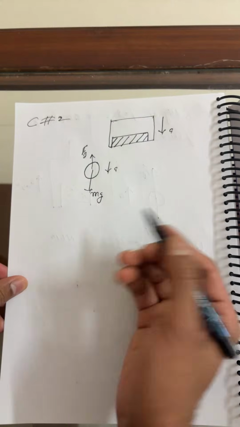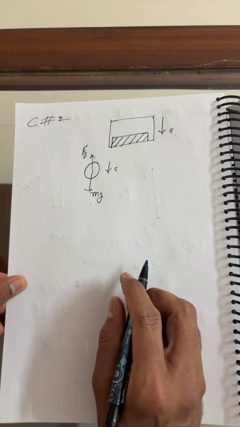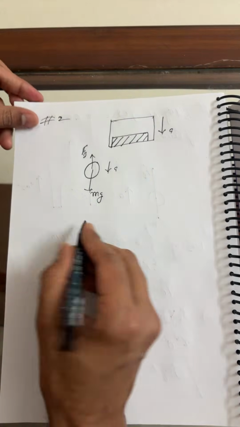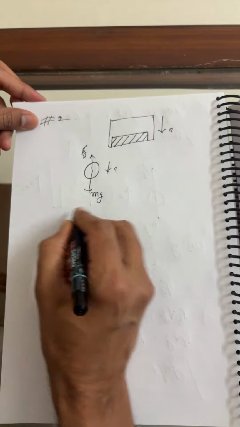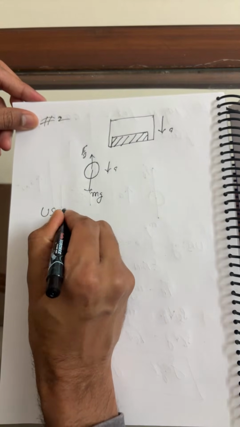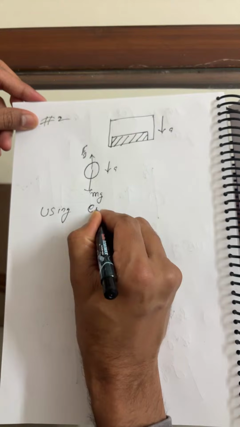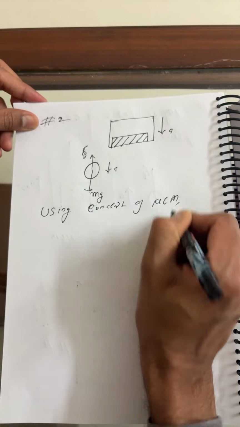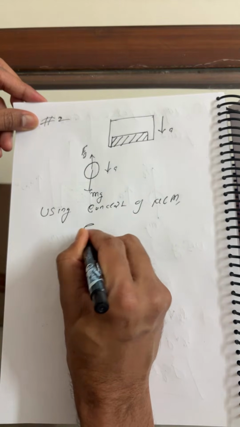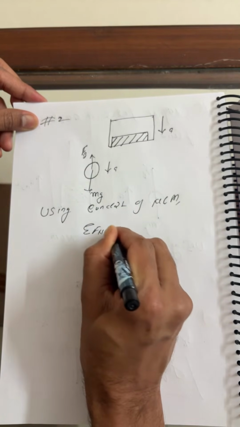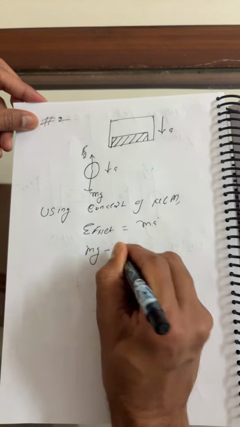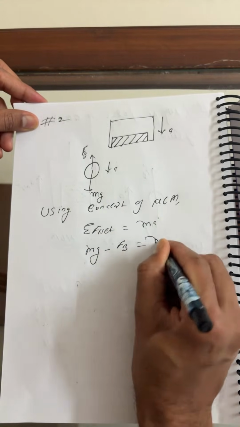Again I'm going to use the same thing, the concept of NLM. I'm writing the result directly. So this is again the summation of F net, which is equal to ma. mg minus buoyancy force is equal to ma.